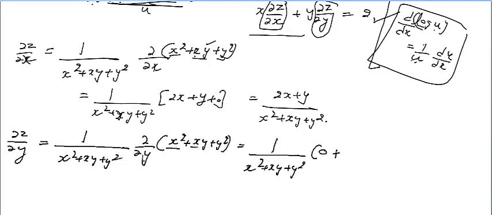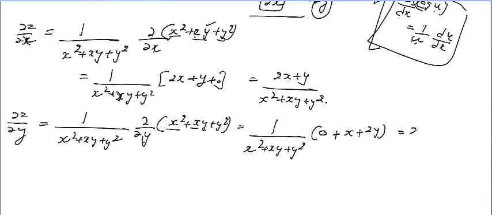Now here x is constant, it will be out of the derivative, and derivative of y is 1, so only x is there. The derivative of y² is 2y, because you are finding the derivative with respect to y. So you will get (x + 2y) upon (x² + xy + y²).